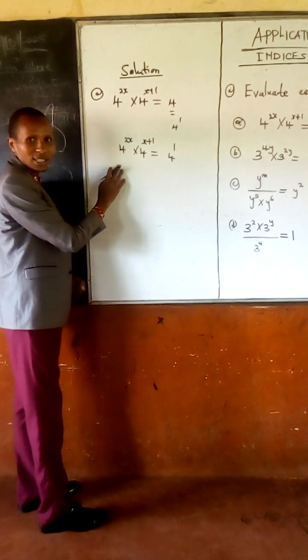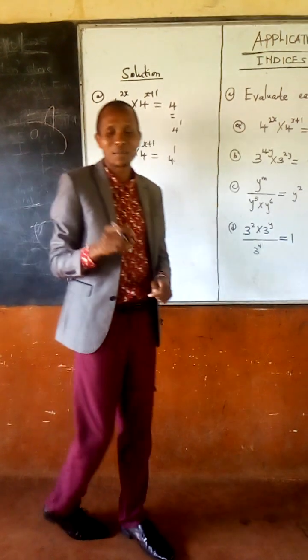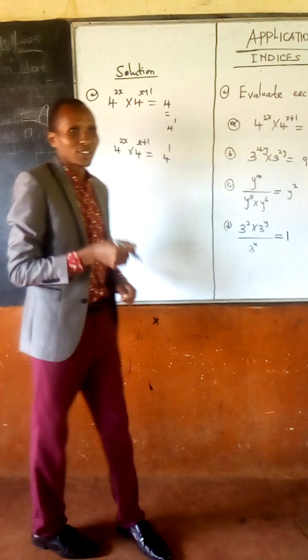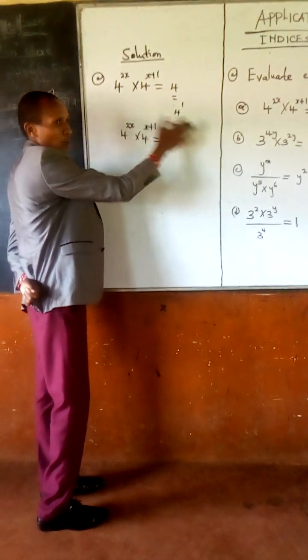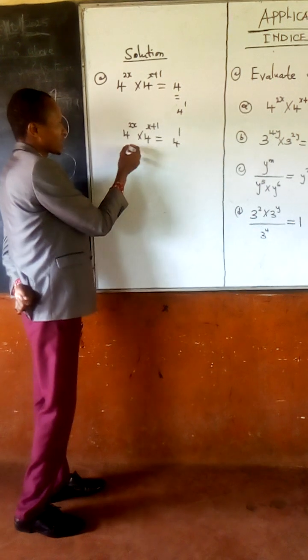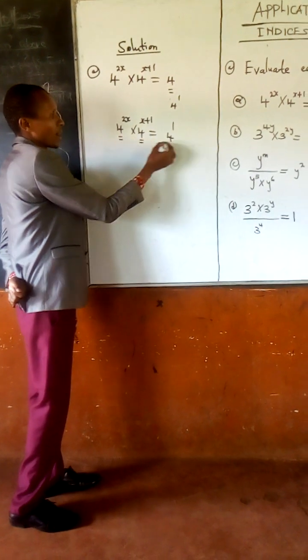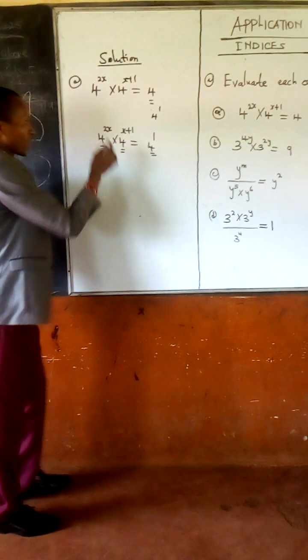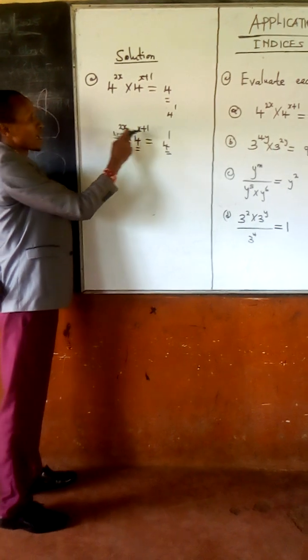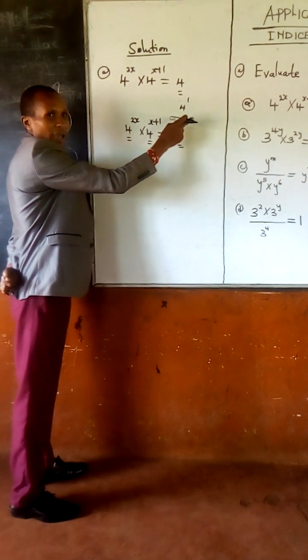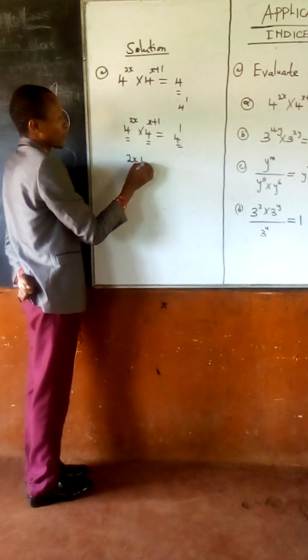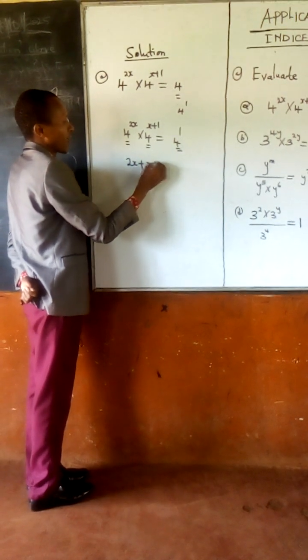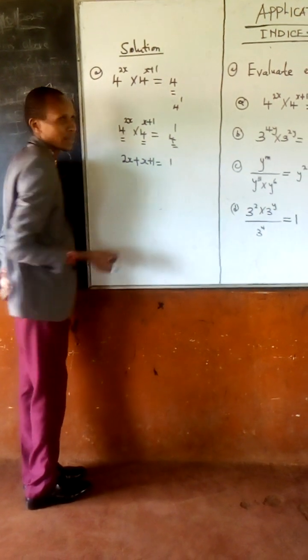Now, as you can see, all the bases are the same. So what we do is just take the powers and equate the powers. You can see this is 4, 4, and 4. So take the powers, that is 2x, x plus 1, and 1. So we say 2x plus x plus 1 is equal to 1.